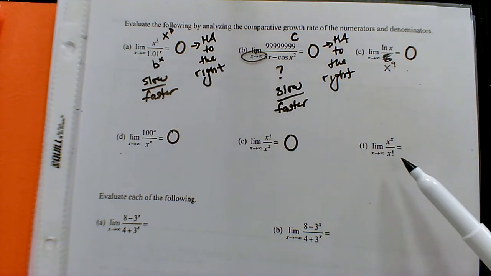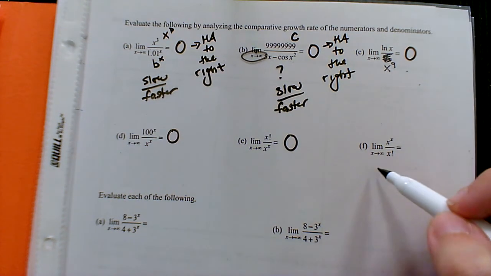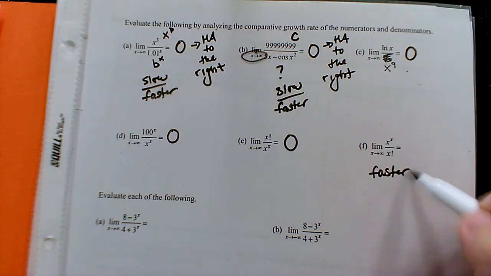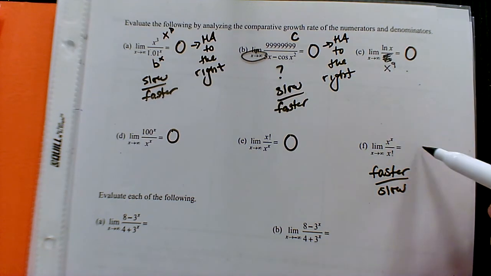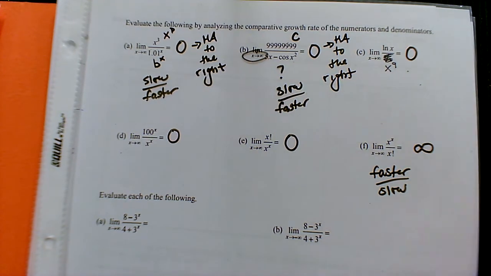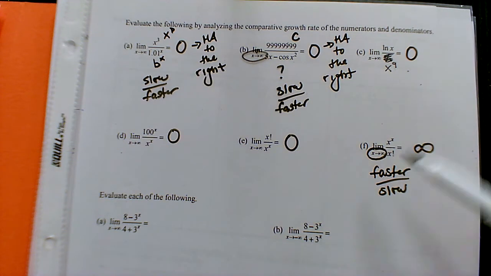What if we flip it for F? The top's growing faster. So if we have something growing faster up top, we're either going up forever or down forever. We should be anticipating some type of an infinity value, but we have to figure out is it positive or negative. So let's actually go ahead and substitute in that infinity value.